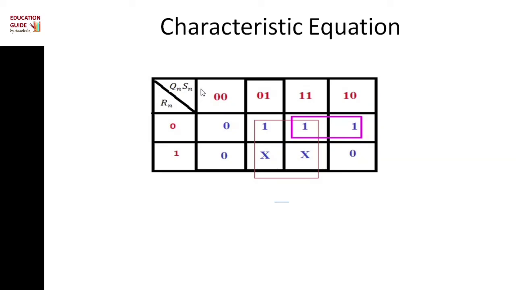If we give SR is equal to 1 and 1, then we get don't care. So we can group 1 1, and this is also a larger group. In the K-map we consider this first, and we can make another group of 1 and 1 of 2 members. The output of this is S, and the minimized equation of this is Q and R bar.